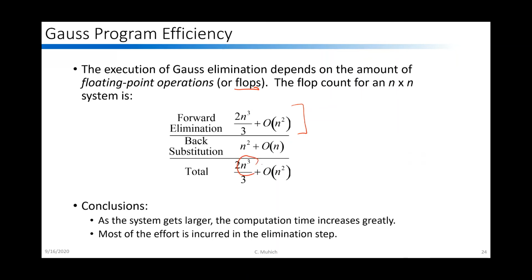Really what I'm trying to say is that as systems get larger, the time required to solve a matrix is a cubic function of the size of that matrix, right? So we spend a lot of time doing forward elimination, and we have rapidly scaling behavior.